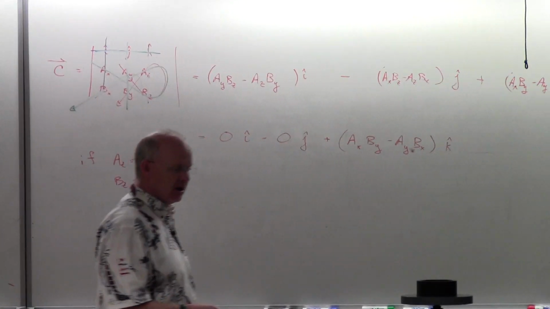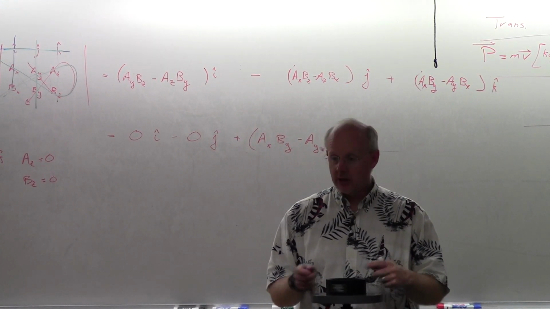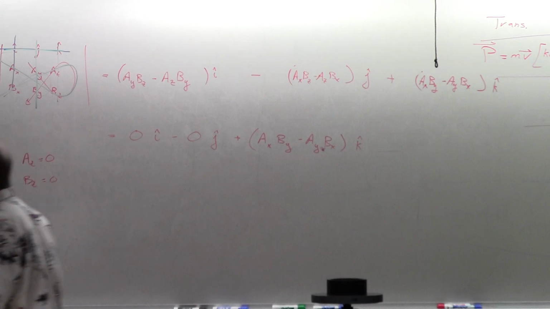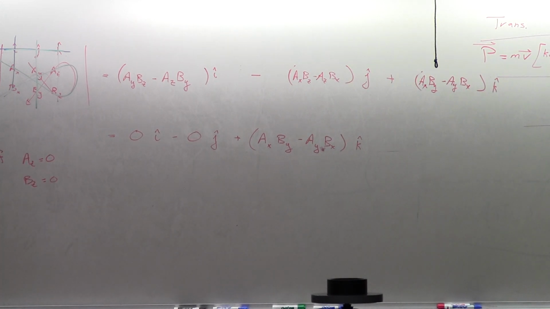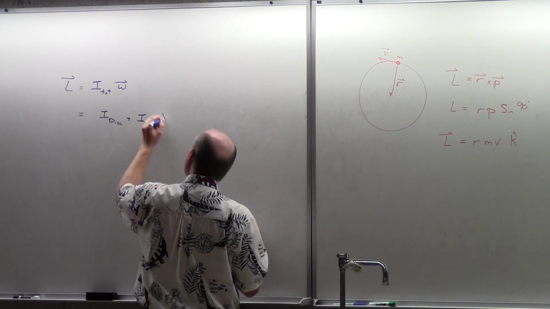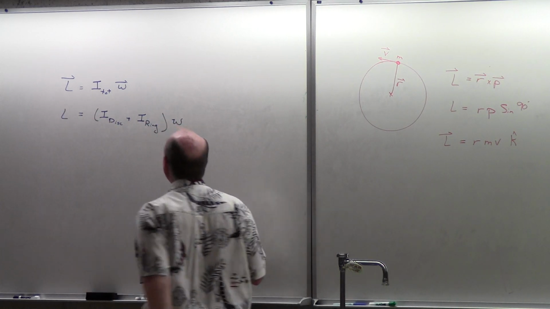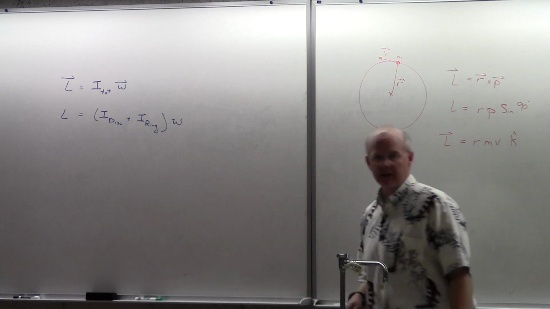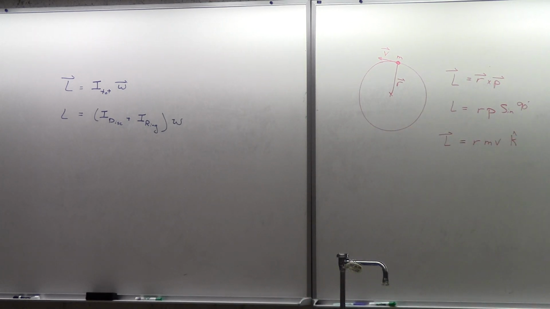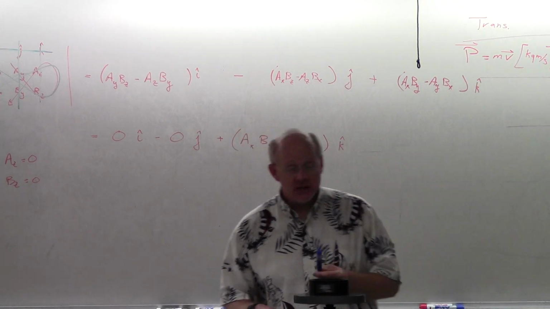And the total inertia of the system here is, of course, the two together. So I would have then the I for the disk plus the I for the ring, and then I would have the angular velocity.